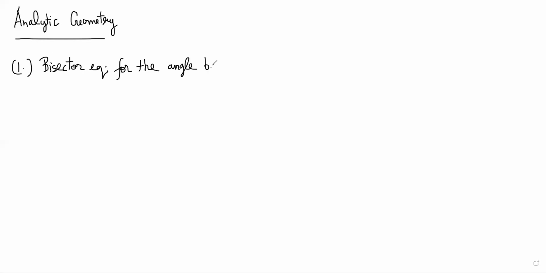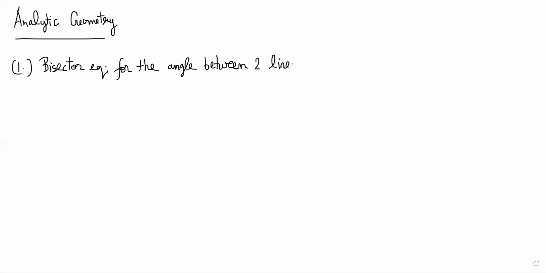Okay, fine. So we had done a lot of theory about straight lines and all. A little bit is left, where I want to talk about, first, the bisector equation for the angle between two straight lines.